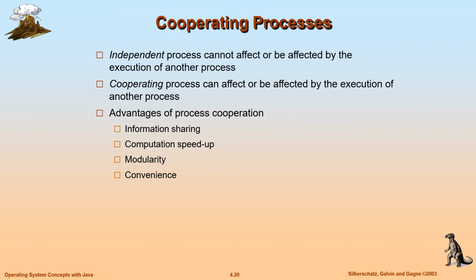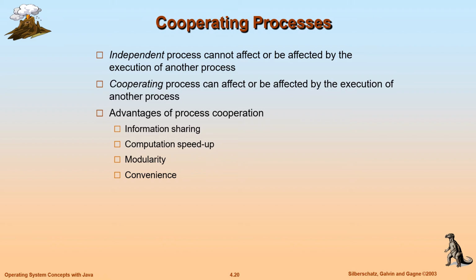Since several users may be interested in the same piece of information, for instance a shared file, we must provide an environment to allow concurrent access to such information. The same file is used by several processes.